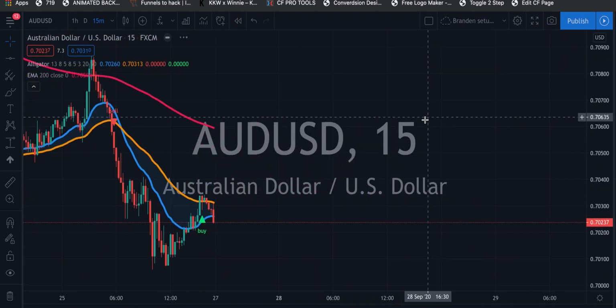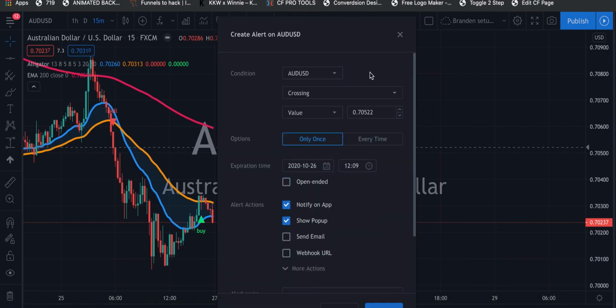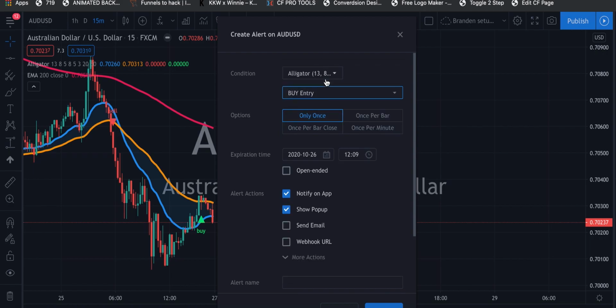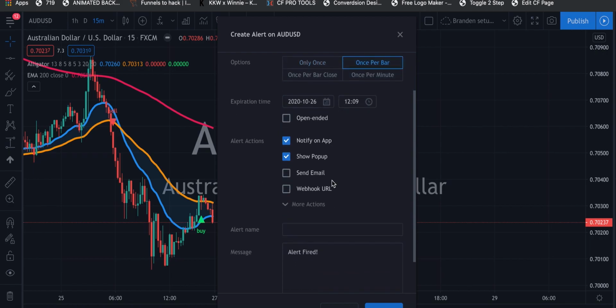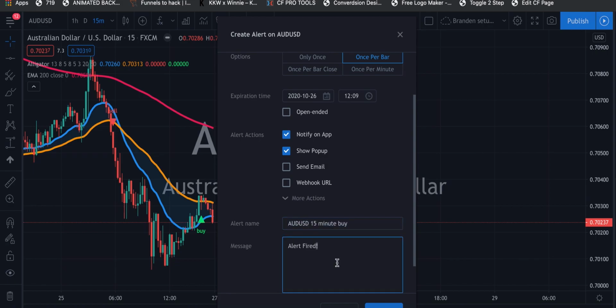So when you want to set your alerts up, it's very simple. You hit add alerts. You click alligator. You can do buy entry or sell entry. So let's do buy entry. You can do once per bar. And you can say, for example, AUD USD 15-minute buy. And I'll just copy that. Do it here again. And I can say I want to notify me here on my app and my pop-up.